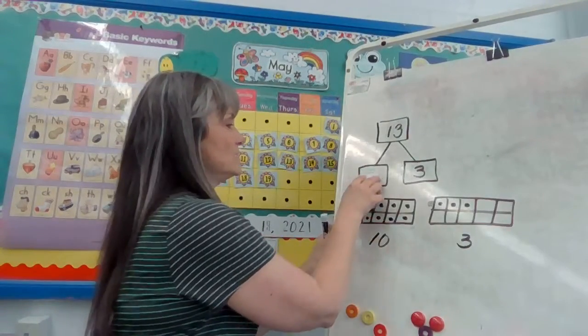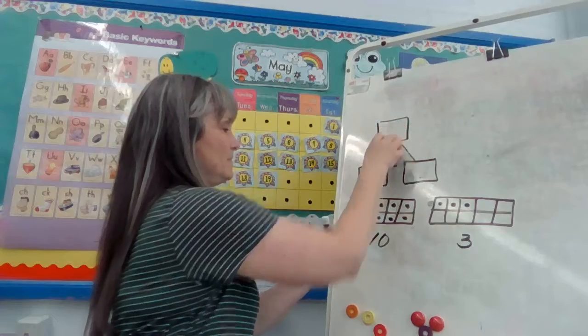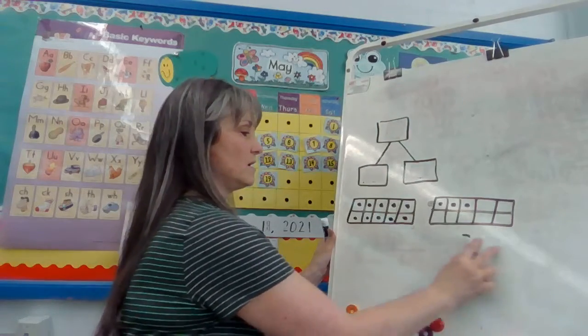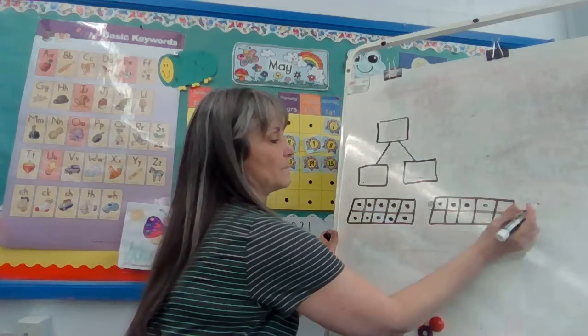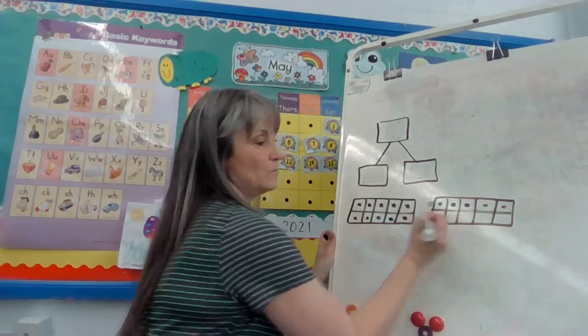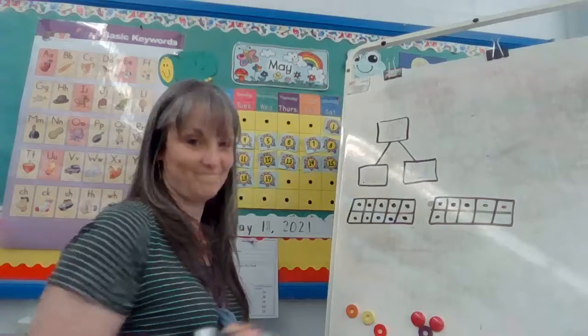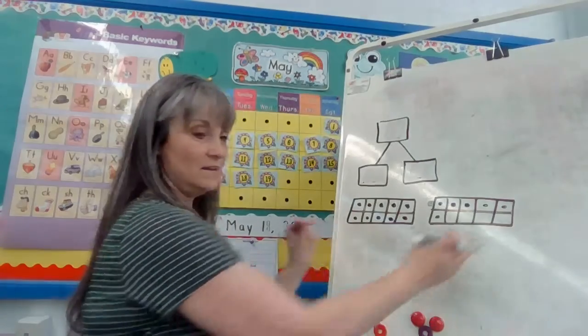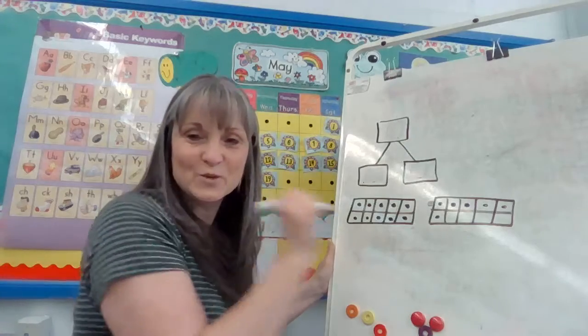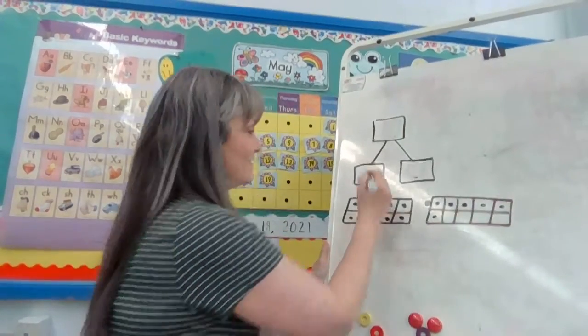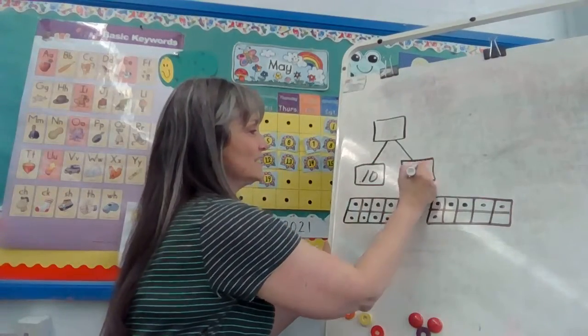All right, ready? Let's do it one more time. Let's say they give you a group of 10. Ooh, what's that? 5 and 1? And 6 more. 10 and 6. Yes, 10, 6.